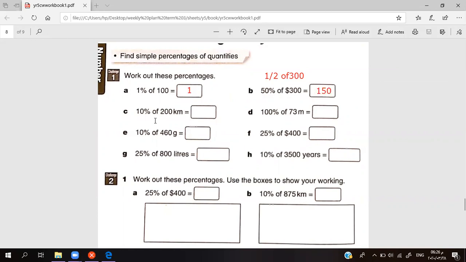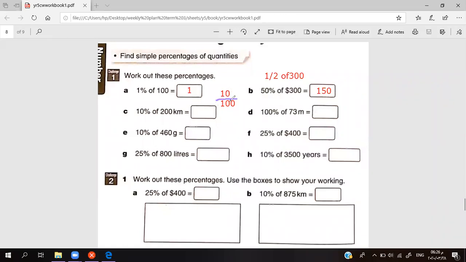Now here, 10% of 200. Okay, this 10% is as if it's 10 over 100, right? Let me write it for you. As if it's 10 over 100.